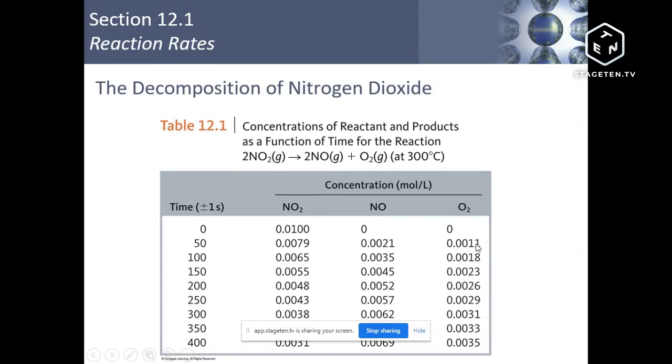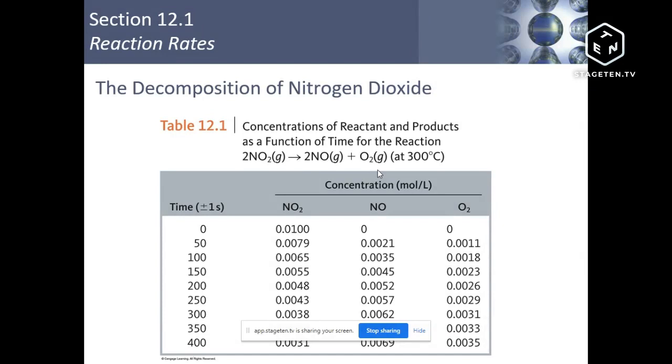We only got 0.0011 molar oxygen in that amount of time, but we got double the amount of NO. Why is that? Again, it comes back to the mole ratio. For every 2 of these, you only get 1 of those. So here's something to understand: you can get the rate of disappearance of a reactant, or you could get the rate of appearance or the rate of formation of a product.